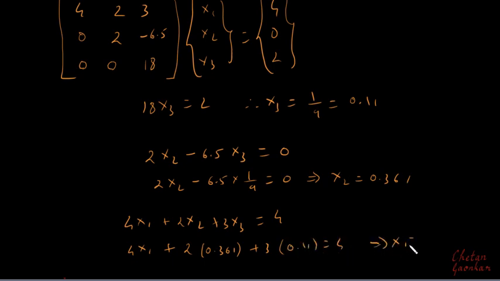This will give me x1 value as 0.736, and therefore finally I can write our x vector as 0.736, 0.361, and 0.111.